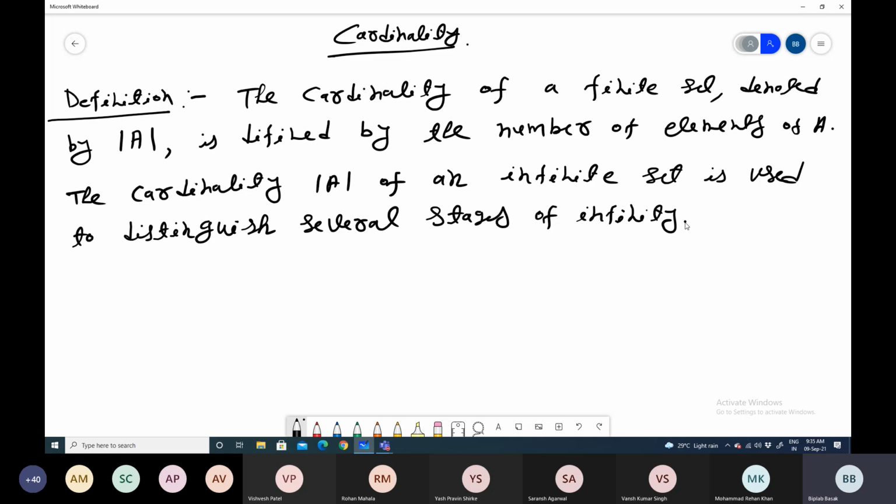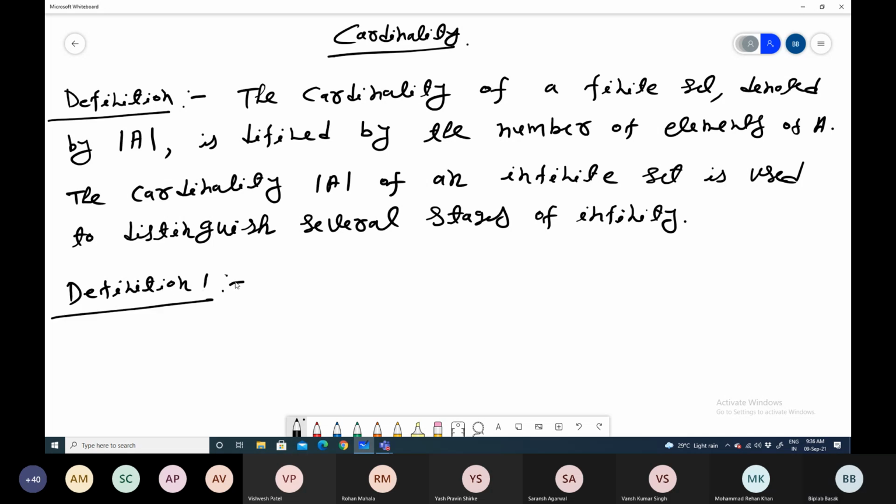For example, we have seen that the cardinality of N and the cardinality of R are different. Now we will find a relation between them. What is the relation between the cardinality of the natural numbers and the cardinality of the real numbers? For that, we define some more concepts: what are the relations between the stages of infinity?